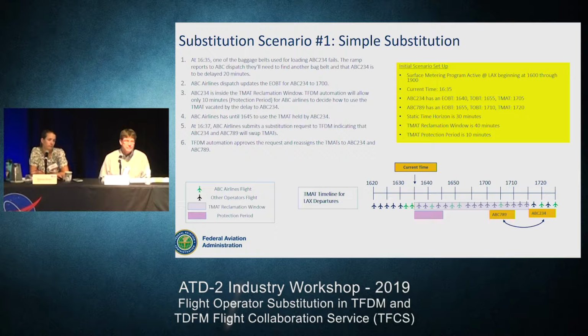And to avoid a lot of churn and work, I would think there'd be some automation in this scenario to say, hey, my EOBT changed by 20 minutes. And it would say, well, I'm now going to be late, so depict that. And then if there's anybody ahead of that, you can do a slot credit substitution and move them forward automatically internally within the computer. Nobody has to change anything. There's automation.